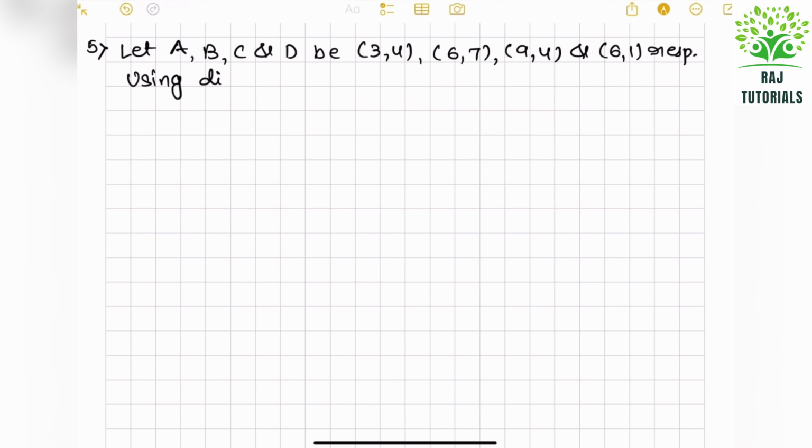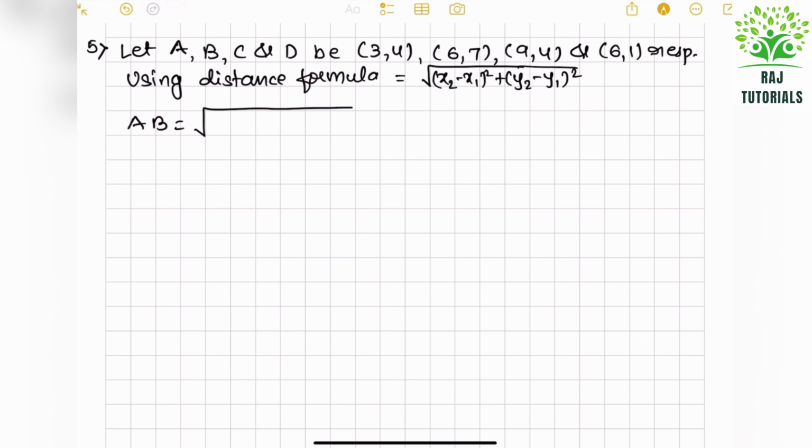So using the distance formula, let me write the distance formula also: square root of (x2 minus x1) whole square plus (y2 minus y1) whole square.